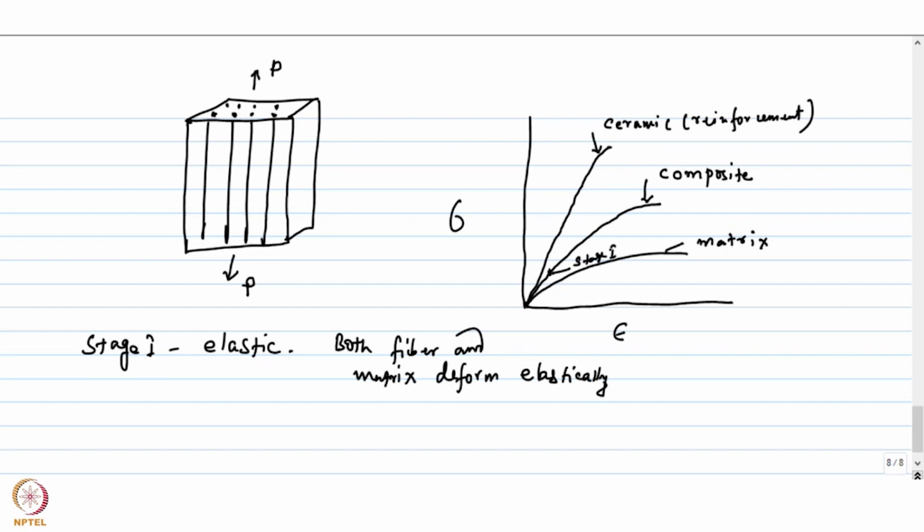And then as you increase the load, it enters into stage two, which is quasi-elastic in the sense that the fibers are still elastic, but the matrix starts to deform plastically.